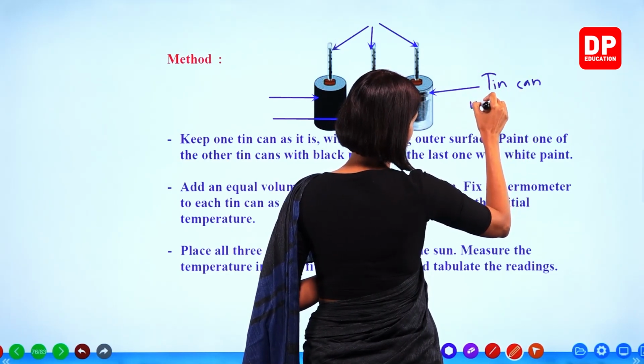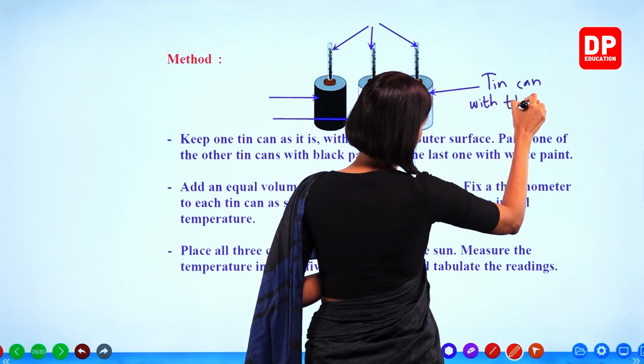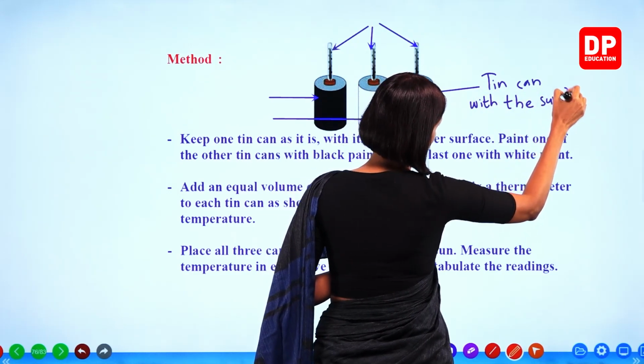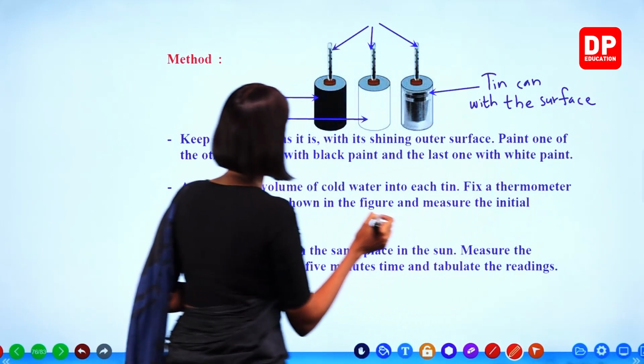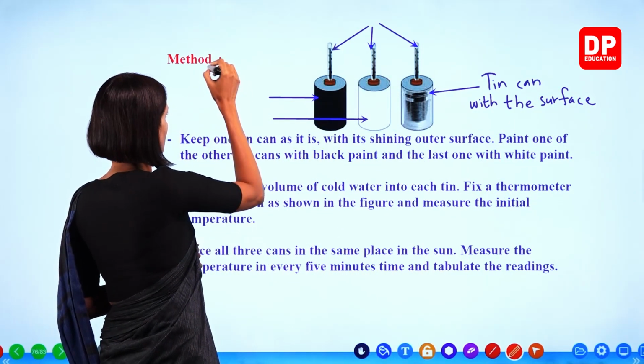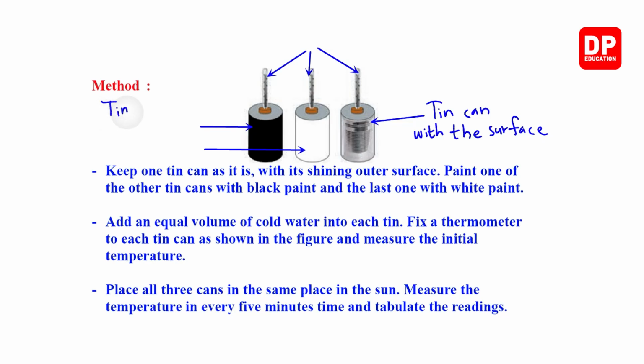Tin can with the shiny surface. Tin can with the black surface. Tin can with the white surface.